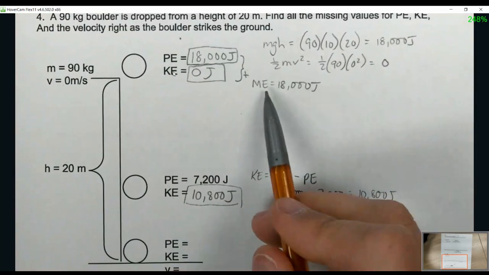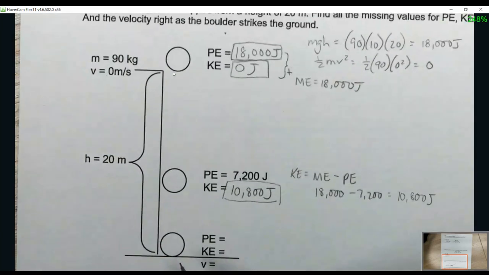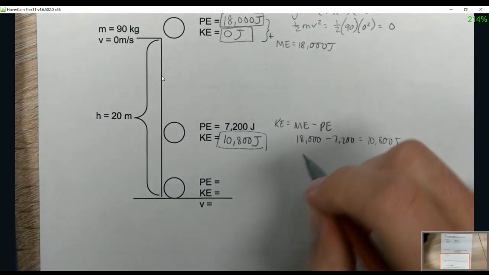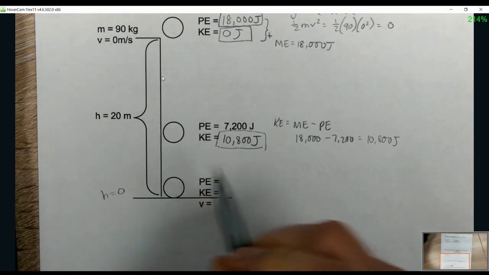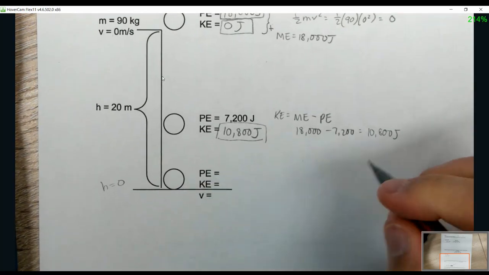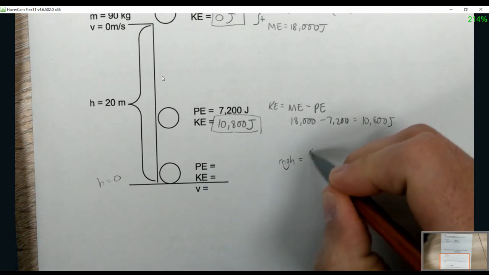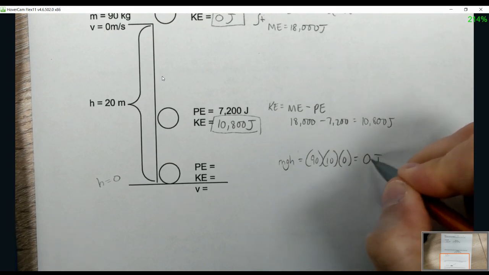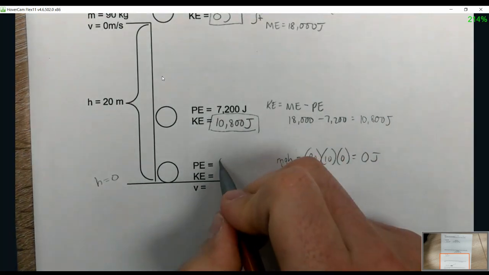Now, you had to do this so you could do the subtraction here. All right, cool. And at the bottom, right as it strikes the ground, guys, what is the height? The height right here, even though it's not given, would be 0. So to find the potential energy, m times g times h, 90 was the mass, gravity is 10, height is 0, so this is 0. If you understand that h is 0, well, cool.